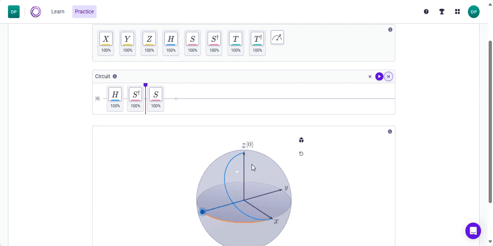Okay. Now let's see this pointer go from here to here. And let's add another S. Matter of fact, let me put this S back over here, and let's just put a Z there.